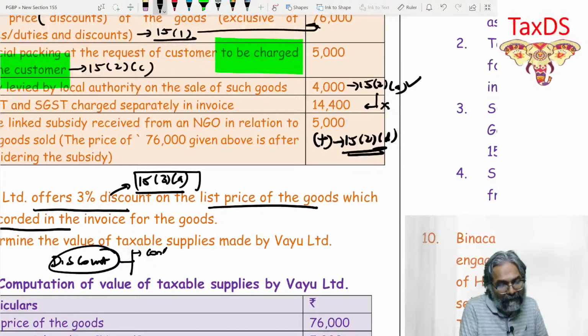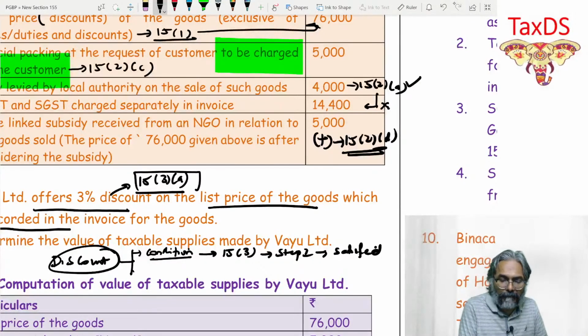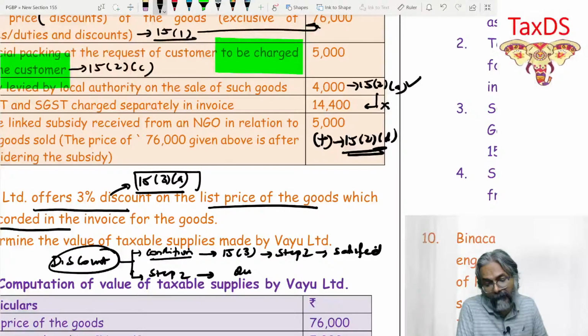One is on the condition side, and for that you have to refer to 15.3. Step 1: if it is satisfied, then you go to step 2. And what is step 2? Quantification.